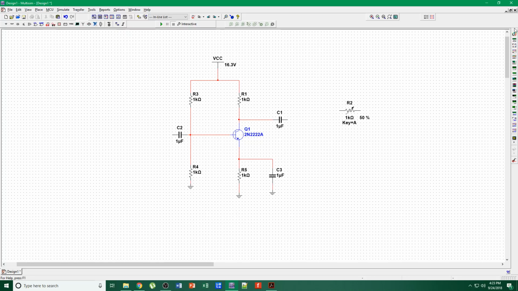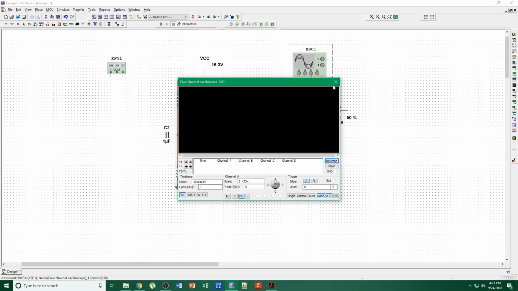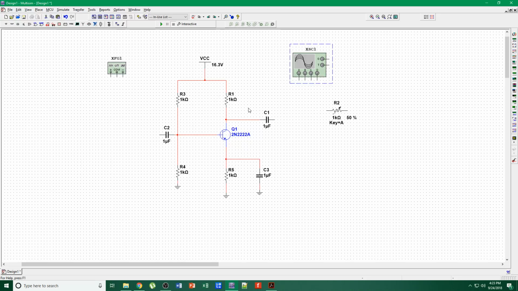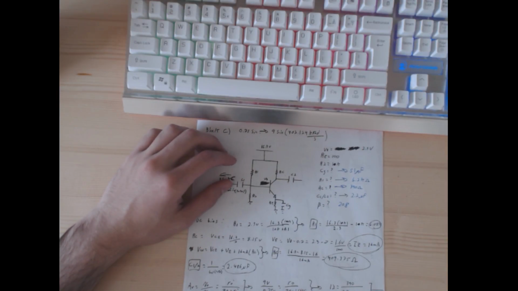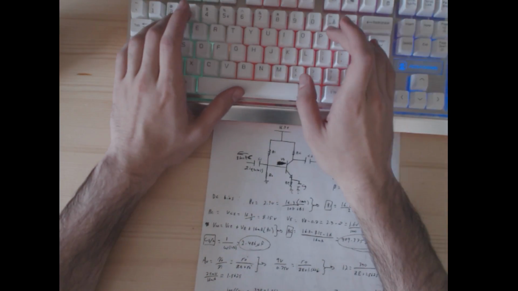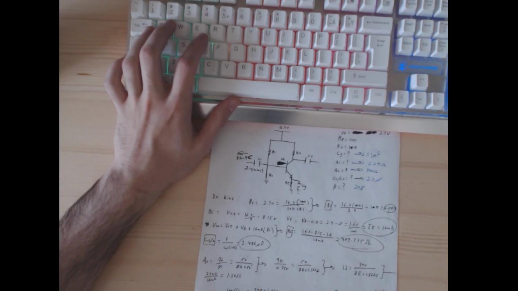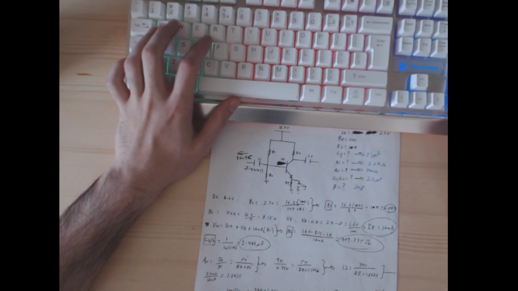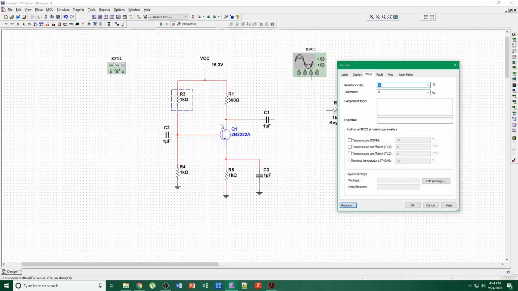Okay. So if we get our function generator, our oscilloscope, and change these values according to mine, my collector resistor will be 390, my 1K at R1 is 6.2K.